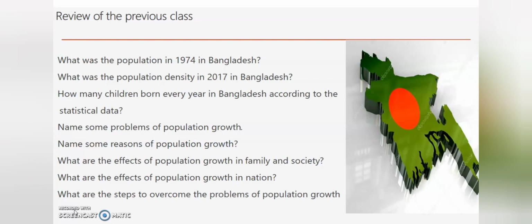Now, students, can you tell me some reasons behind the population growth of Bangladesh? Yes, are you talking about the problems of rural families? Yes. Some reasons of population growth are the expectation for a boy child among the rural families, poverty and lack of female education, ignorance and superstitions.